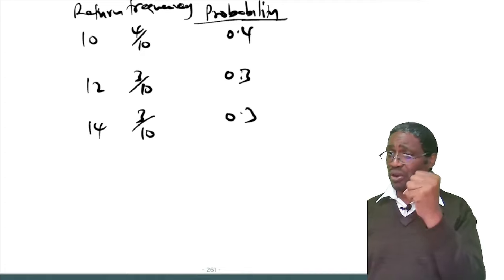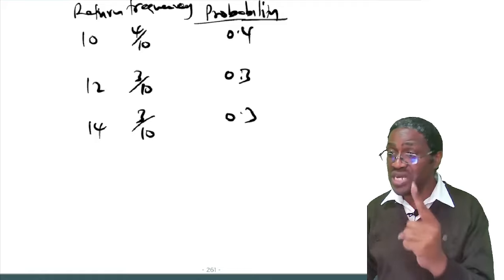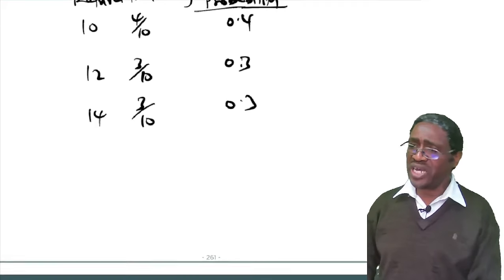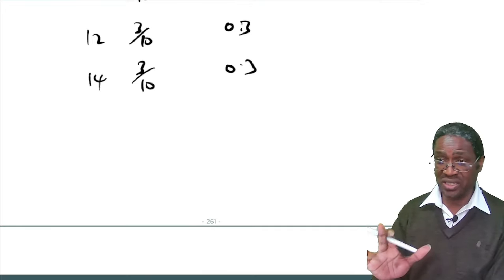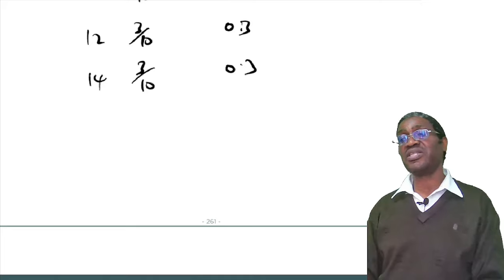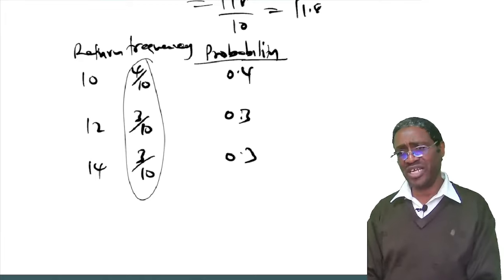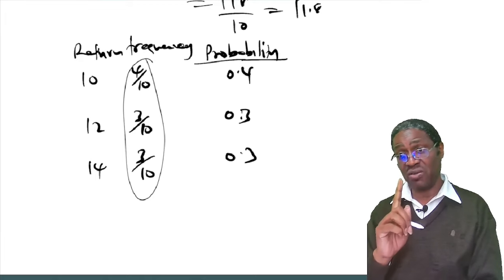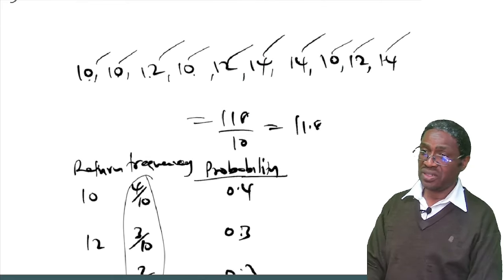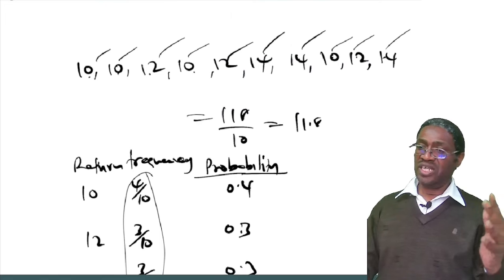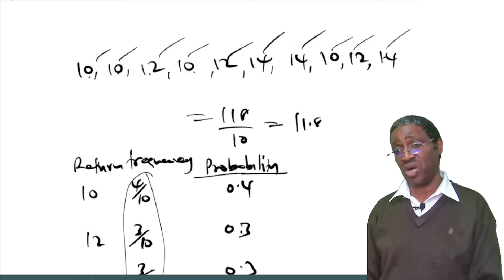Now listen. You can now use probability to determine the return, the average or the mean return. So to get the return where there are some probabilities, that's what I'm introducing now. The examiner will not give you these frequencies. I started with the raw data of 10 years. Then I had to identify the frequencies in which these returns are occurring.